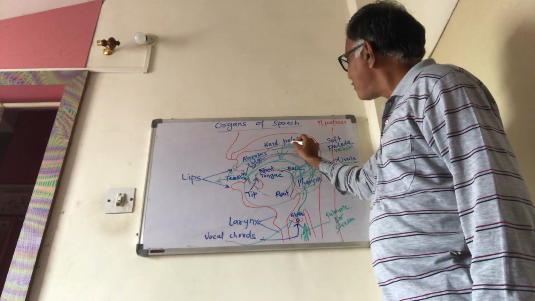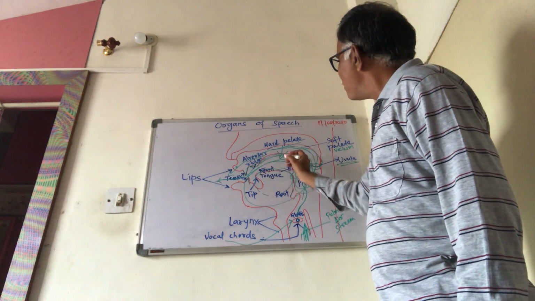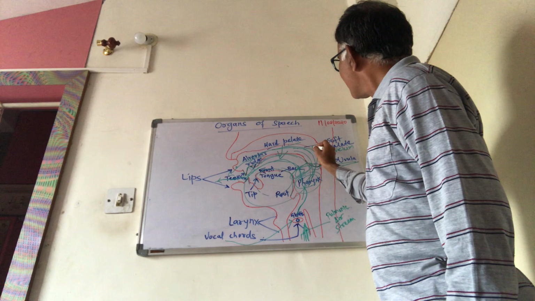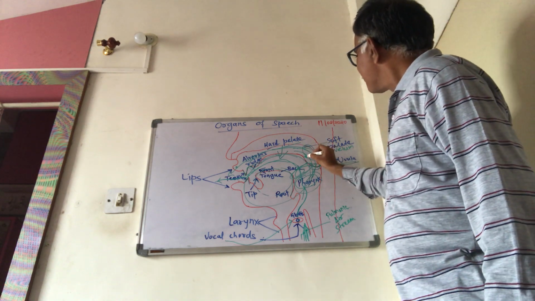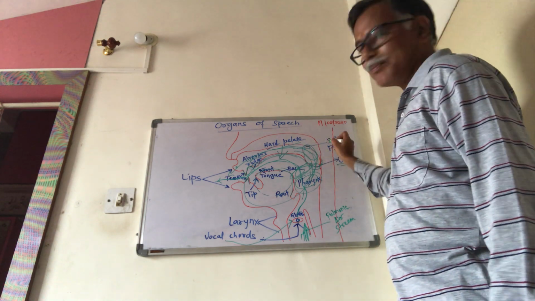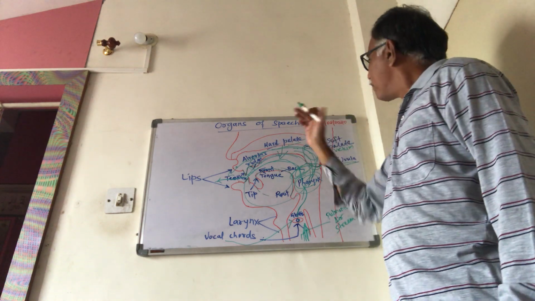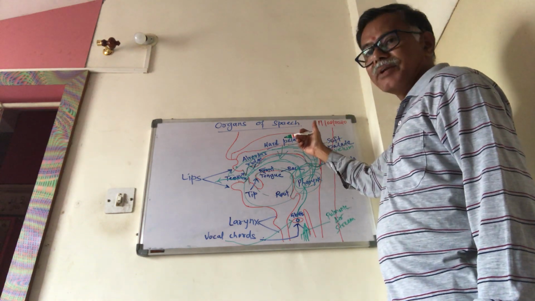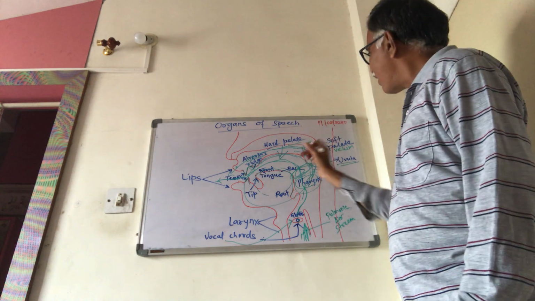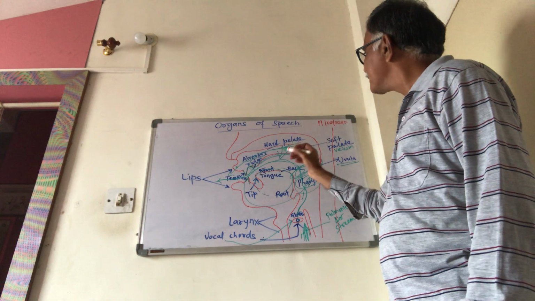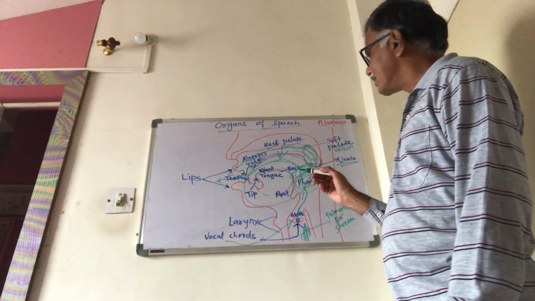Then if we move to the back area, here it is called the soft palate. Hard palate and soft palate are just below the nasal cavity and just above the mouth cavity. So the soft palate also produces some sounds, and the hard palate also produces some sounds.